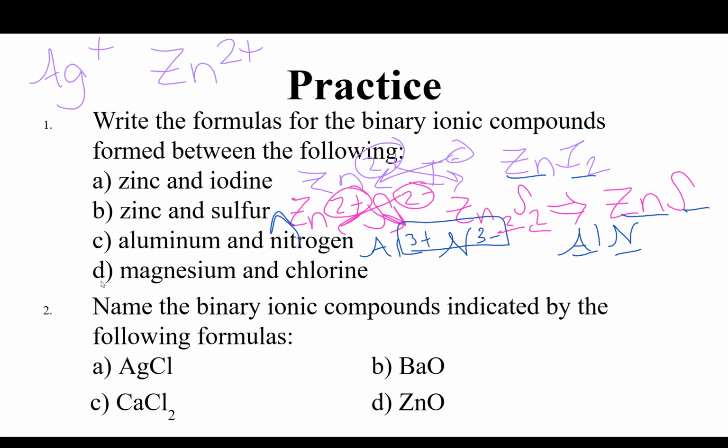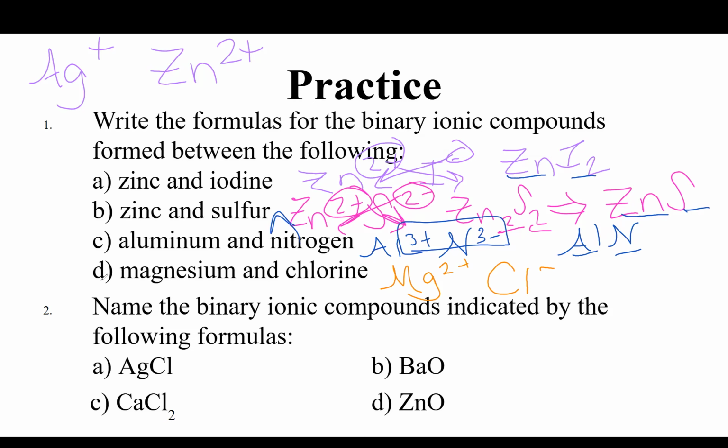Let's look at the next one between magnesium and fluorine. Magnesium is in group 2. It has 2 valence electrons. We lose them, so it's magnesium 2 plus. Fluorine is in group 17.